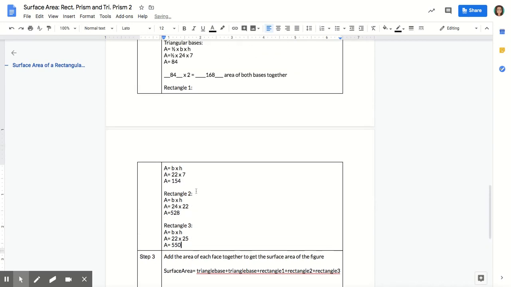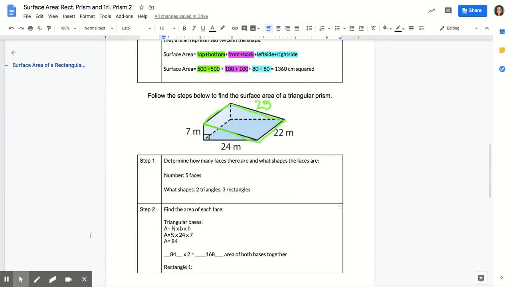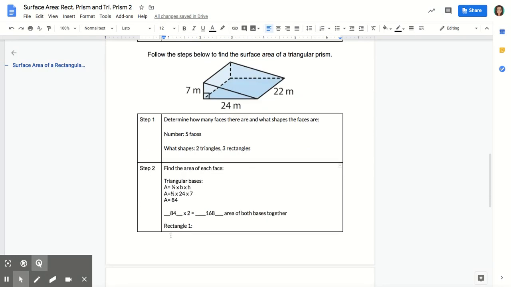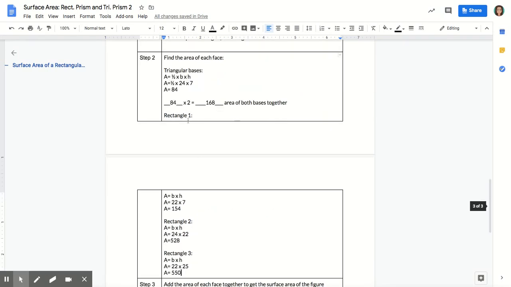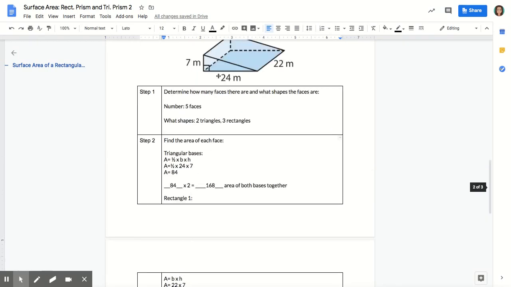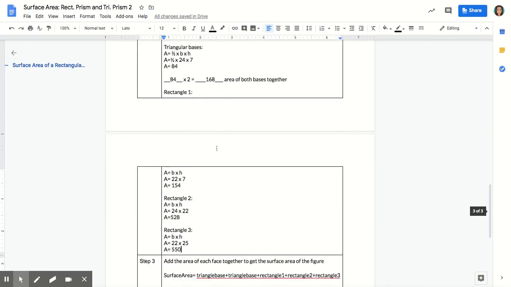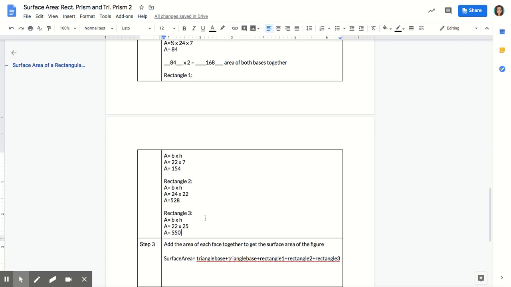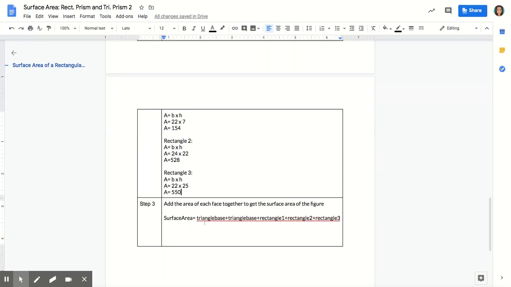Okay? So now we have actually found the area of all 5 faces. We found the area of the triangle bases, which are each 84, the area of the first rectangular base, which is 154, the area of the second rectangular base, 528, and the area of the third rectangular base, which is 550. So if you take a look here, the surface area is pretty easy to find. We just add all those together.